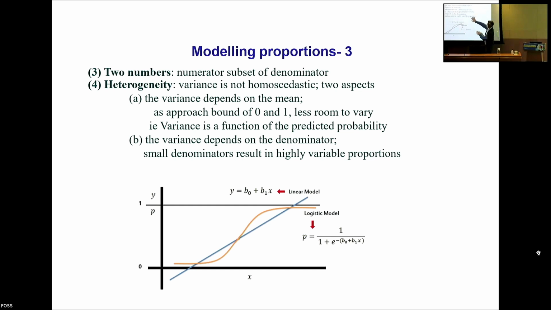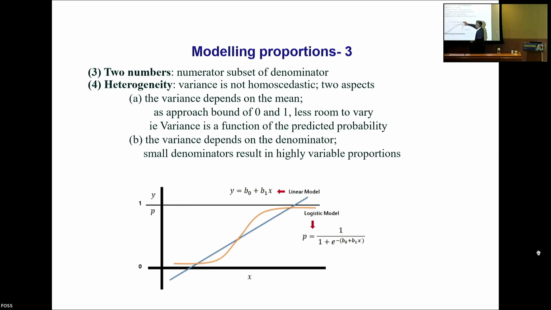There are a whole host of other statistical reasons for why we use the logit function, why we model proportions. One of them is that when we have small denominators, say only a few sample cases, that can result in high estimates of the variance.